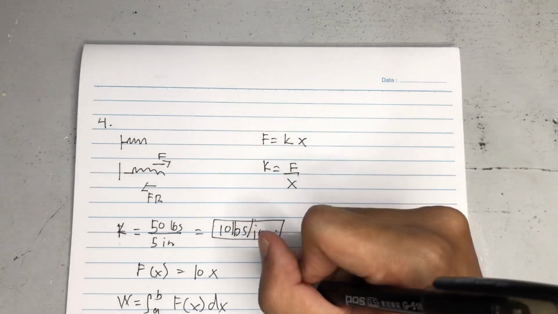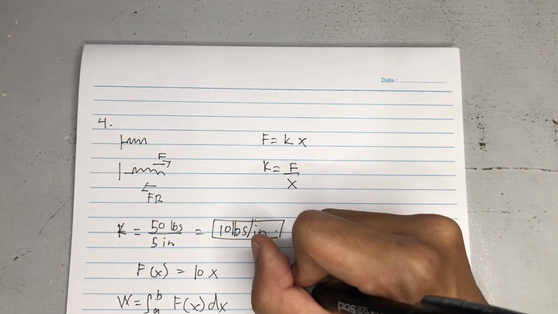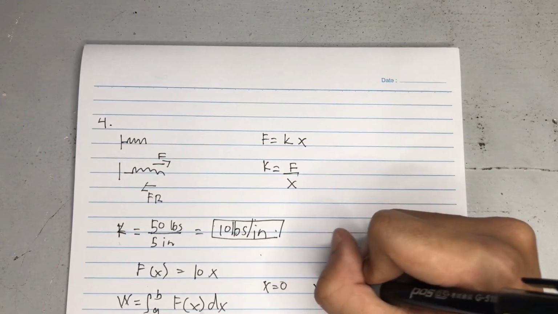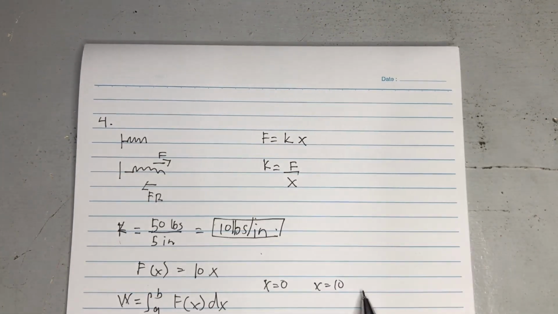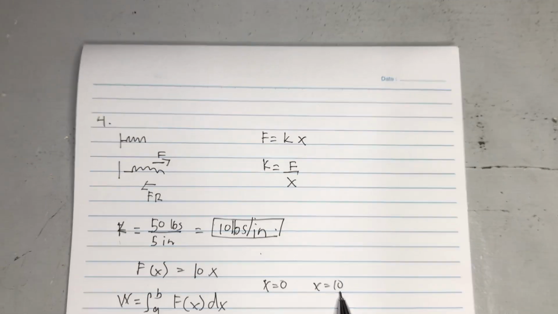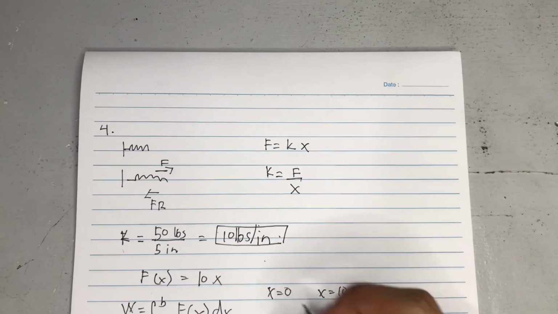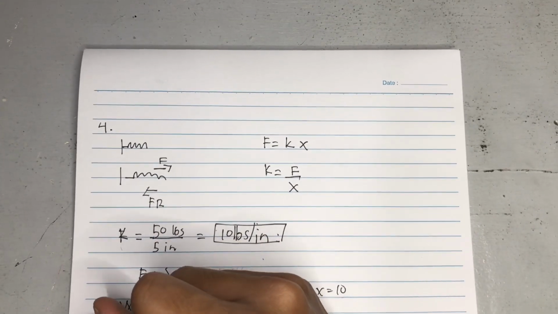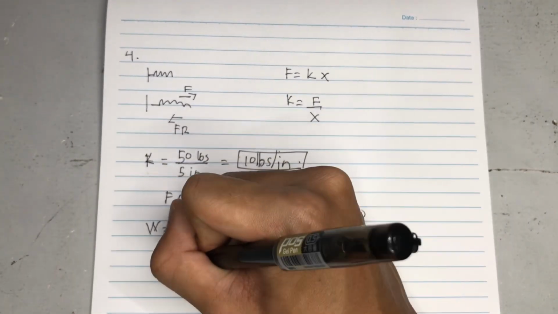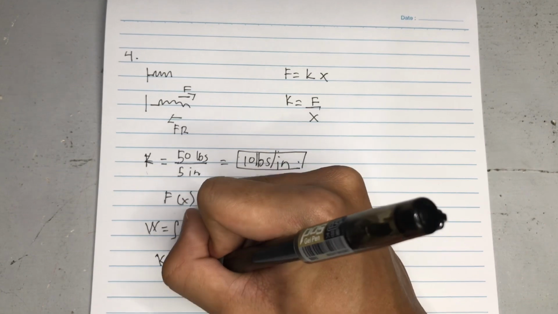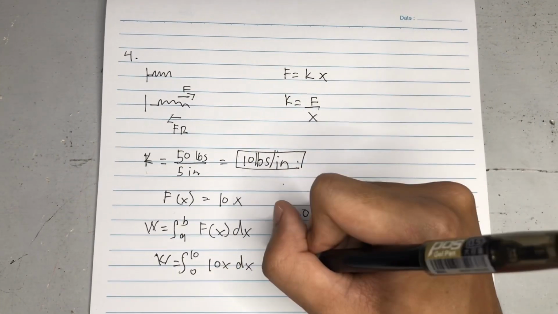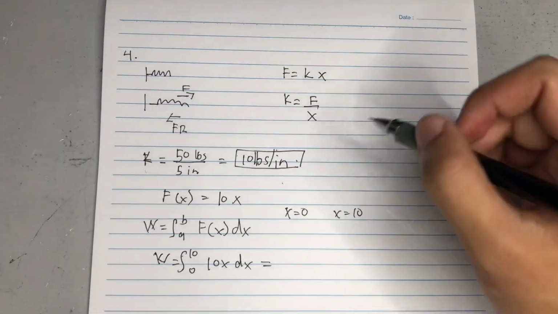So, yung a natin is equals to 0, yung b is 10, which is i-stretch siya beyond natural length. So, substitute lang natin siya, guys.